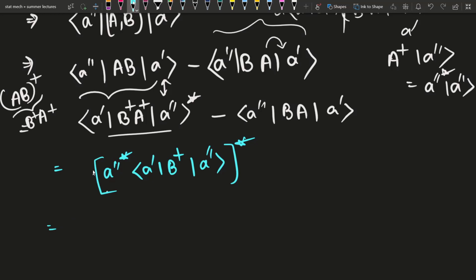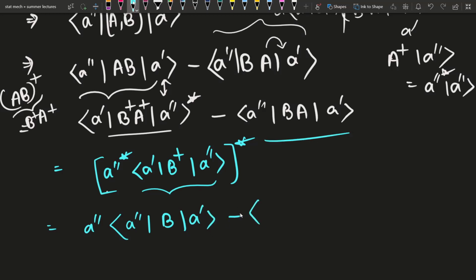That means this thing will give you A double prime, because star means the state will be transformed to bra and come first. That means A double prime and B dagger will be transformed to B and A prime, minus this thing, A double prime, B, A and then A prime.